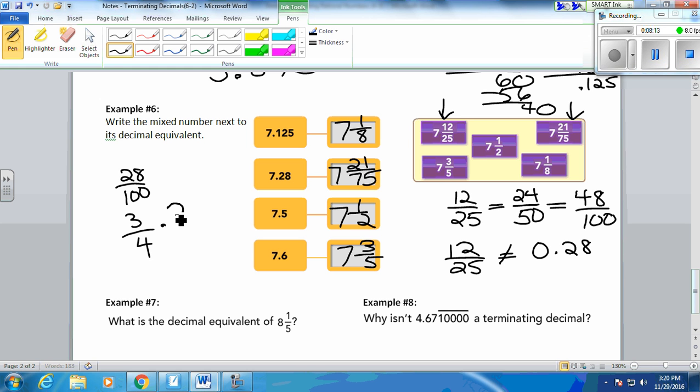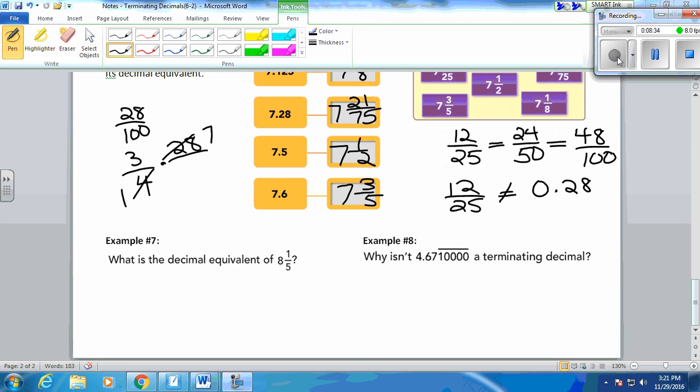So 3/4 of 28. If I take 28 divided by 4, that's 7. And then 3 times 7 will give me 21. So that's one way that I could figure that out. How I knew they were doing 3/4 was because we had a 75 in the denominator. But again, if you had a calculator, you could have also just taken and done 21 divided by 75 to see that it equals 28/100.